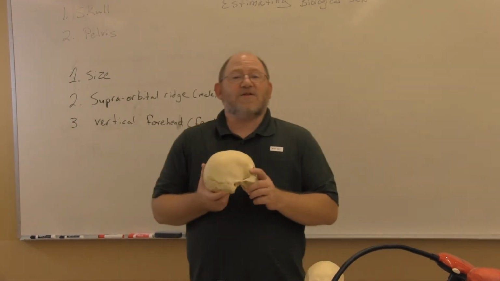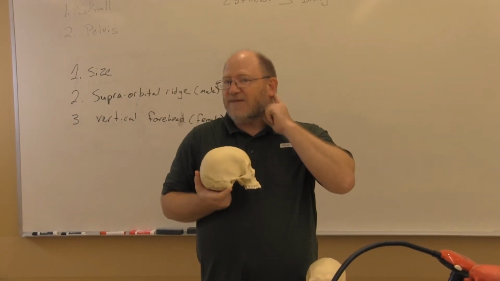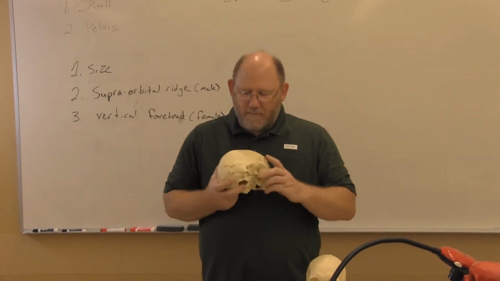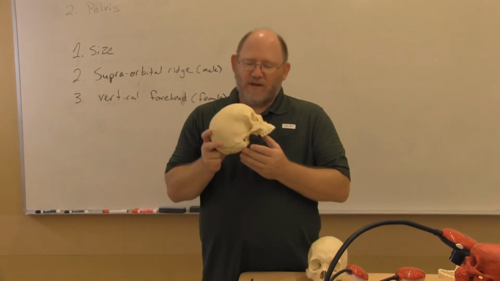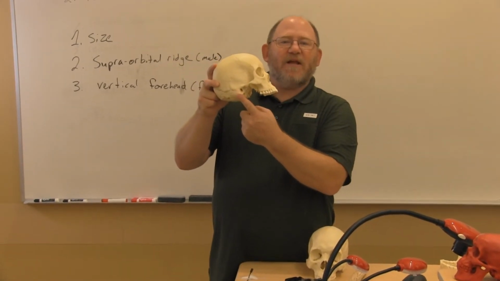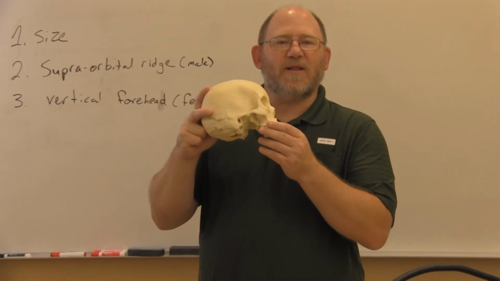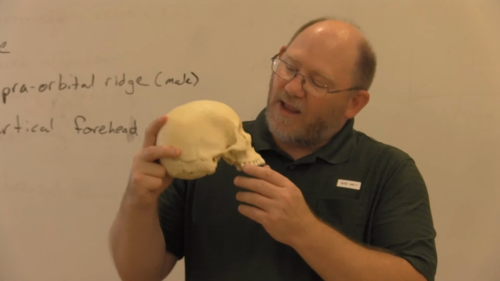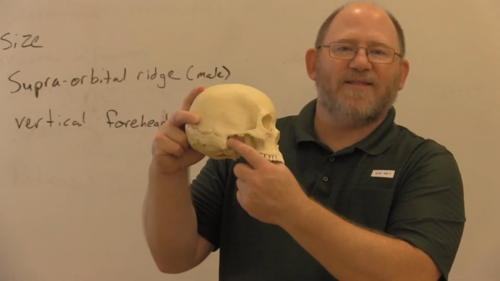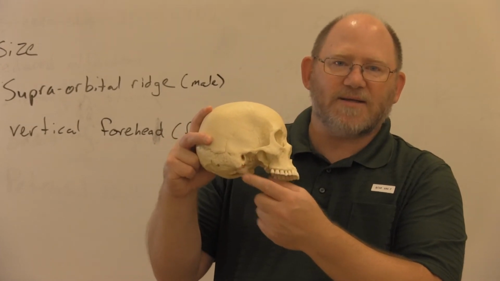On the side of the skull, the bony area immediately behind your ear is called the mastoid process. So this is the mastoid process. In females, the mastoid process is relatively small. It usually doesn't go much below the ear canal, which is called the external auditory meatus.